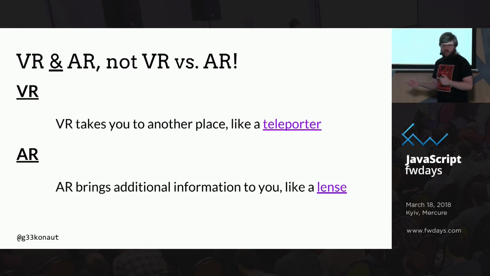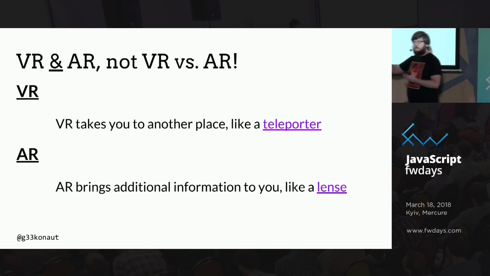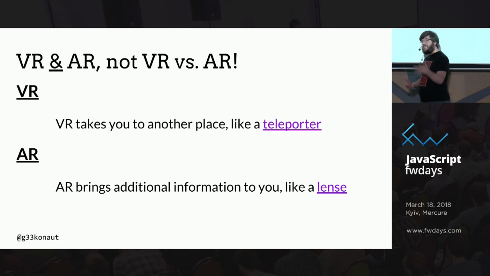And then we have AR, which doesn't move me away from where I am. It just adds things on top of what I've got. I can't see certain things, so AR gives me an additional layer of information. It's like a lens. Imagine X-ray vision.